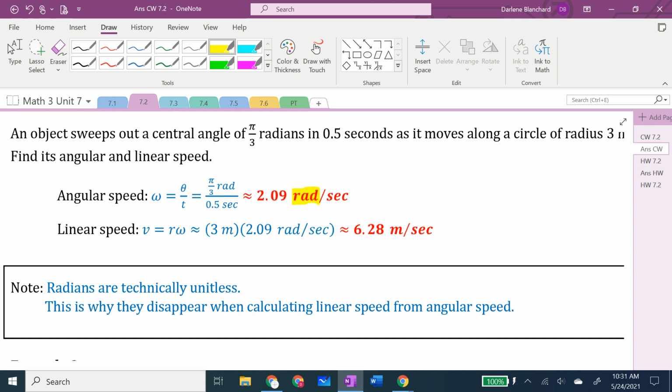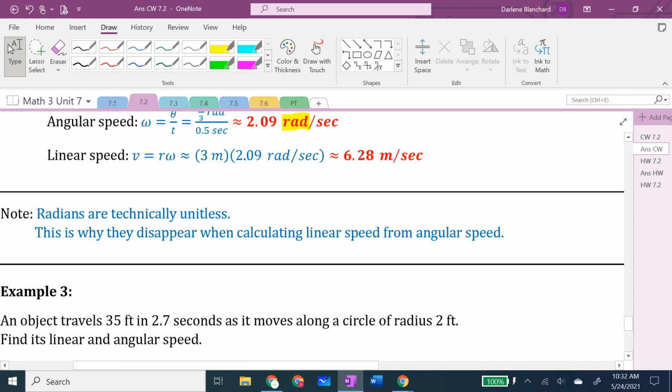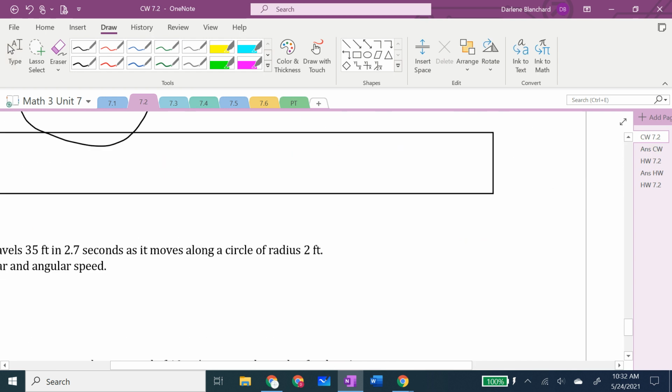The turning is the radians. But when we say radians, there's an understanding of what we are working with, but it isn't an actual unit as far as taking up a dimension. But if that doesn't make sense to you, just don't even worry about it. I just wanted to point that out. Okay.